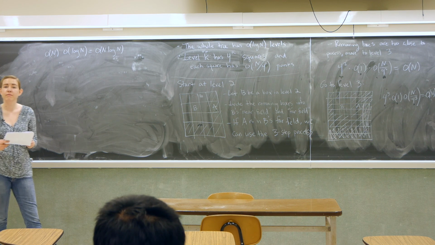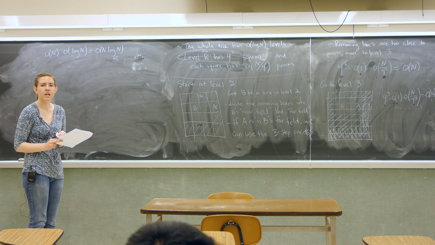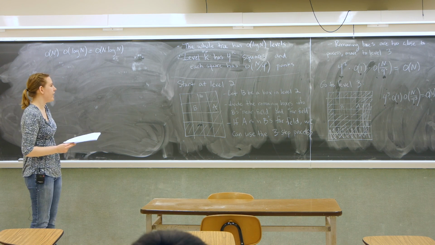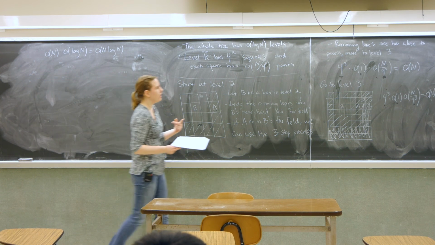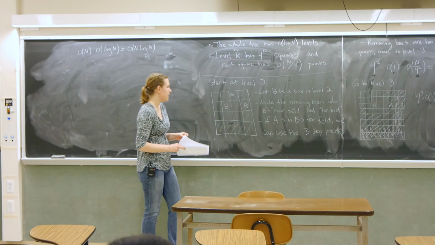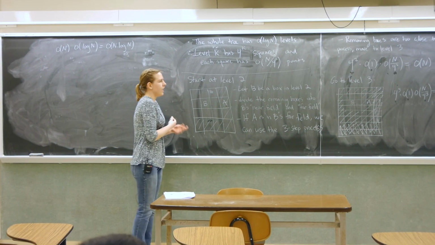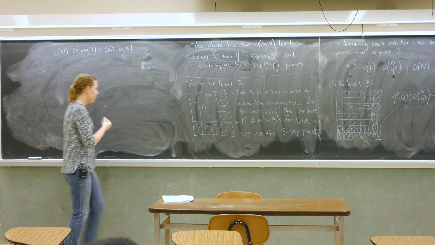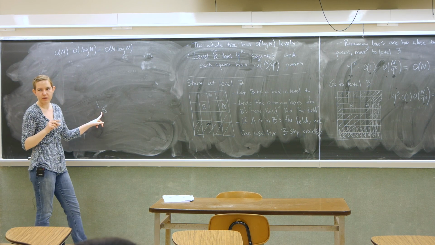Can you say a little more about what the order n method is? Sure. At each of these levels, we're computing the potential between these boxes. It relies on, remember when I described the 3-step process, we had to compute this piece.